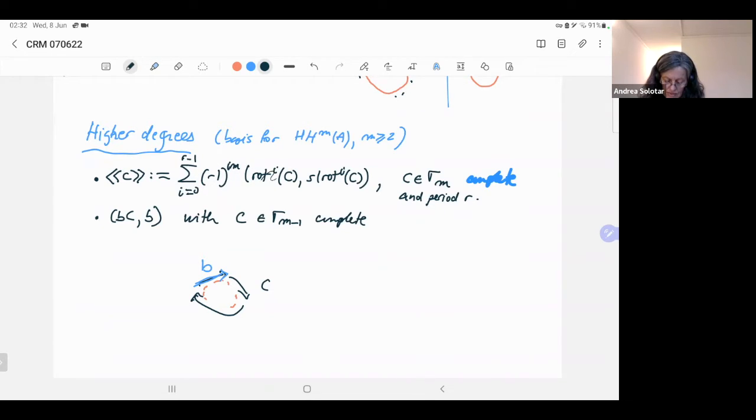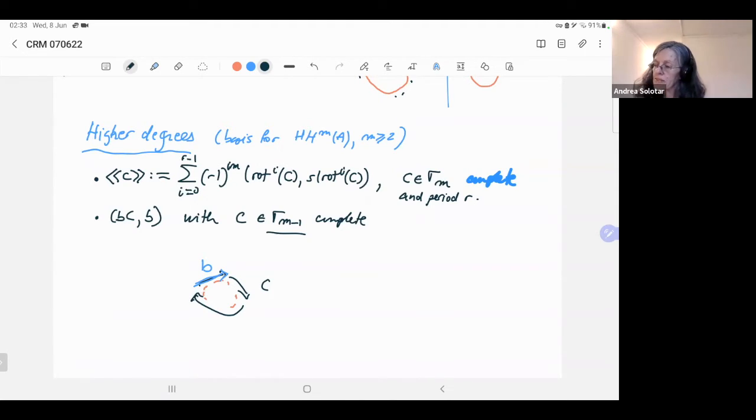There is a sign, and then we consider all the possible rotations of C, and the second element in the basis is just the source of the cycle that we are considering in each term. And then for each cycle as before, but in degree 1 less, we can, as before, continue it with one arrow, but it is full of relations.